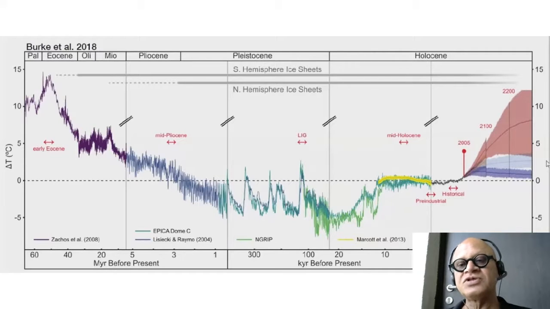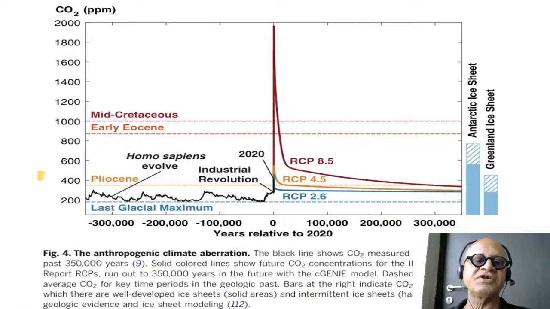Okay, so this is a nice plot that puts our climate science or ocean atmosphere dynamics in context. This is the other nice paper that just came out in Science, I think, with lots of authors. You can look it up. It looks at, again, the CO2, and they call it the anthropogenic climate aberration.